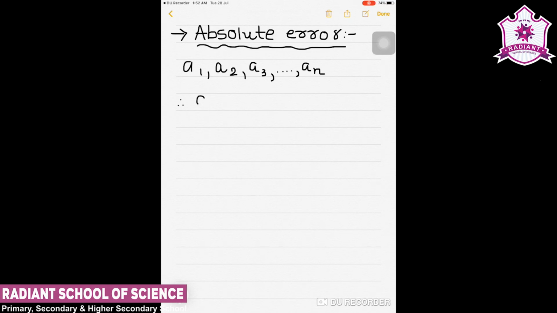So the true value is the sum of all measurements a1 plus a2 plus up to an, divided by the total number of measurements, that is n.